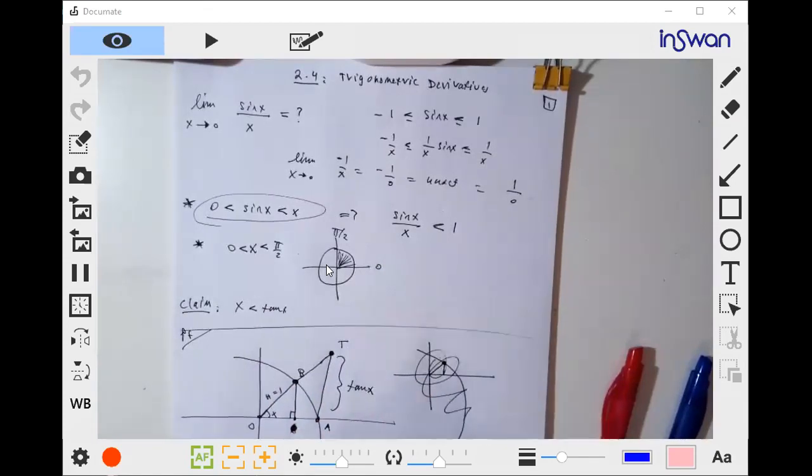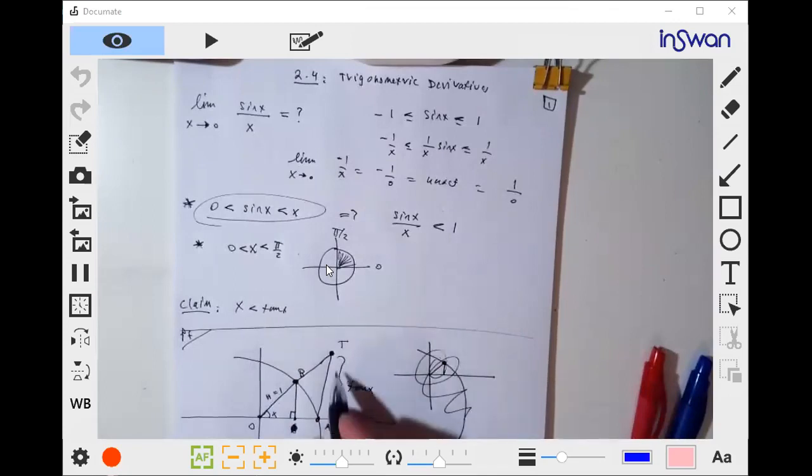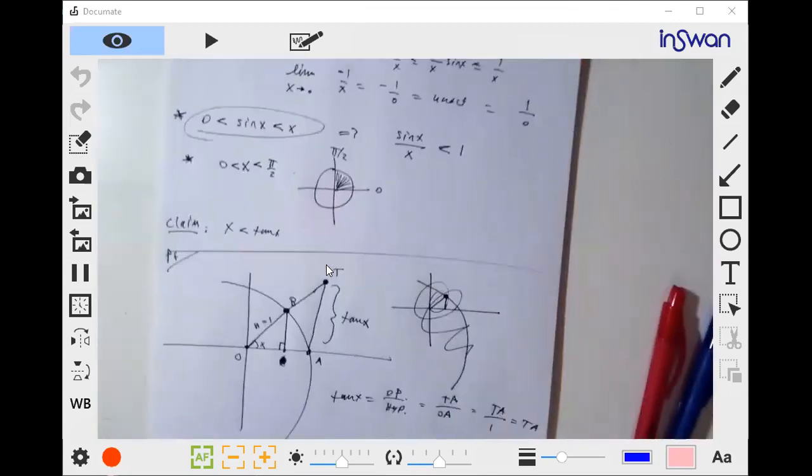Well, the tangent of x is equal to the opposite over the adjacent leg. The opposite leg is TA, and the adjacent leg is OA, but that equals 1 by hypothesis. So this is TA over 1, which is just TA. So the tangent of x is purely this line segment TA.